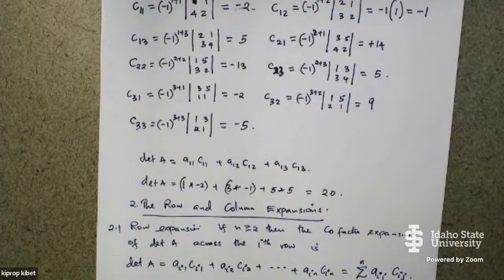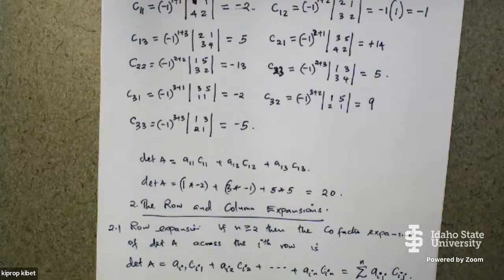If we are using the row, we just use the row to expand. So A11, A12, like that. If we're using the first row, the row is predetermined, and what changes is the column.